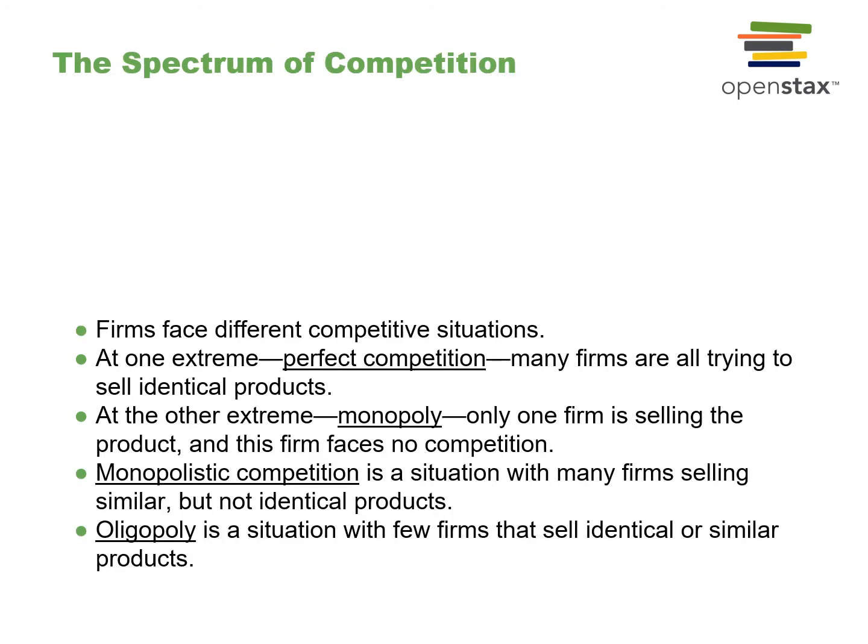There are a number of competitive situations. Perfect competition: all firms are trying to sell the identical product, and that has a specific economic consequence. Another extreme is monopoly, where only one firm is selling the product, and this firm faces no competition. So we can think of a company like Mylan.